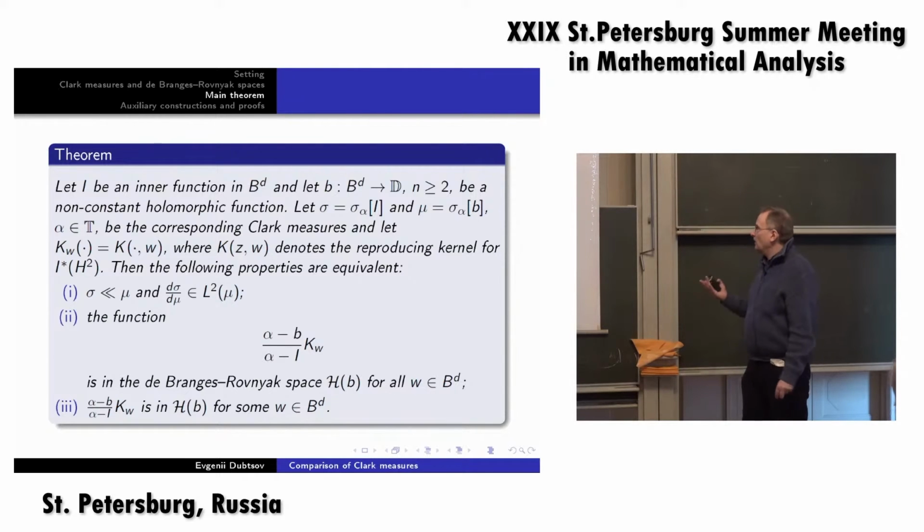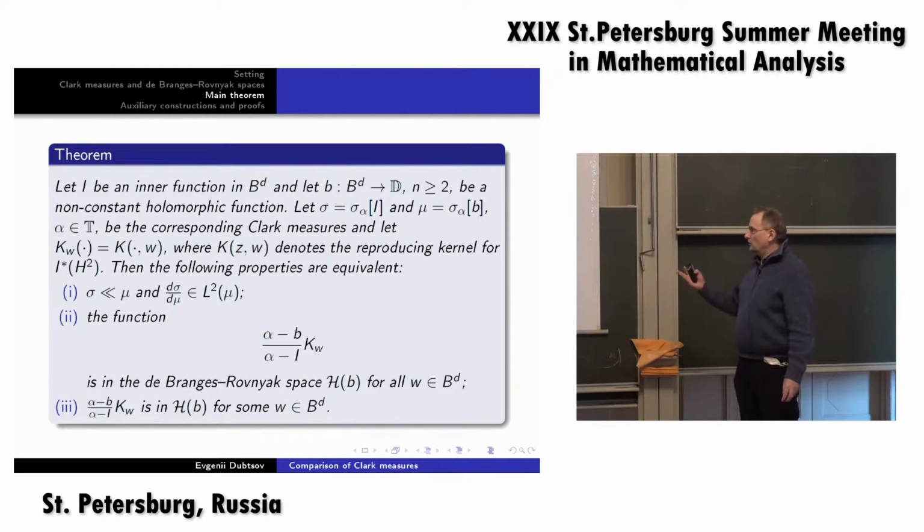So I prefer to consider those de Branges-Rovnyak spaces just to show a certain asymmetry of the assumptions. The first measure, sigma, is the Clark measure of an inner function, and the second Clark measure, mu, is a Clark measure for the same alpha of a bounded non-constant holomorphic function with values in the disk. So one function should be inner, the other one is arbitrary, and this is essential in the proof and in the very setting.